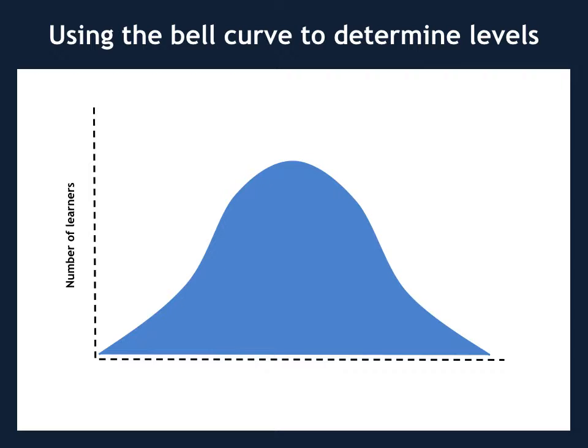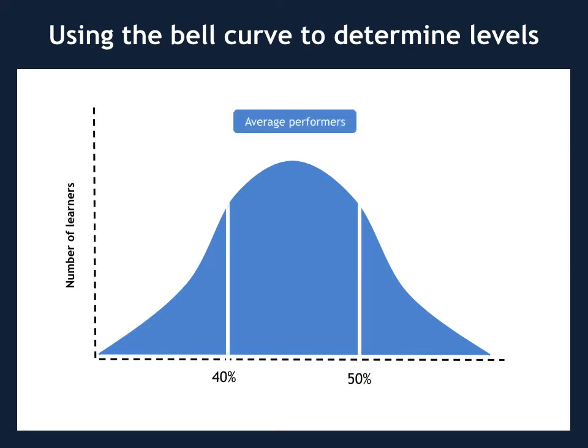In this particular case, this bell curve says that we are measuring down the left-hand side the number of learners. On the bottom, we are looking at what their achievement is. If you have a look at this particular case, the majority of the learners are sitting between 40 and 50%. I know the graph isn't so accurate, but the idea is to get the shape of the curve.